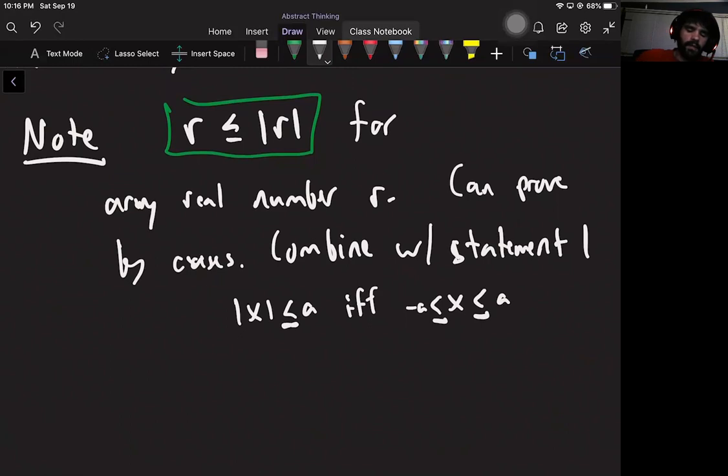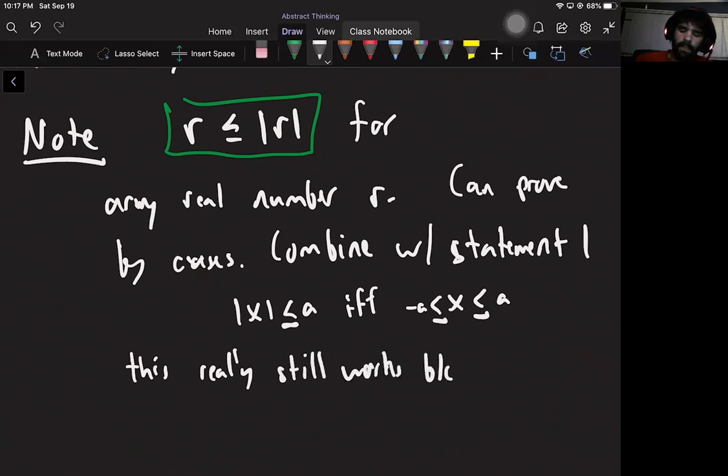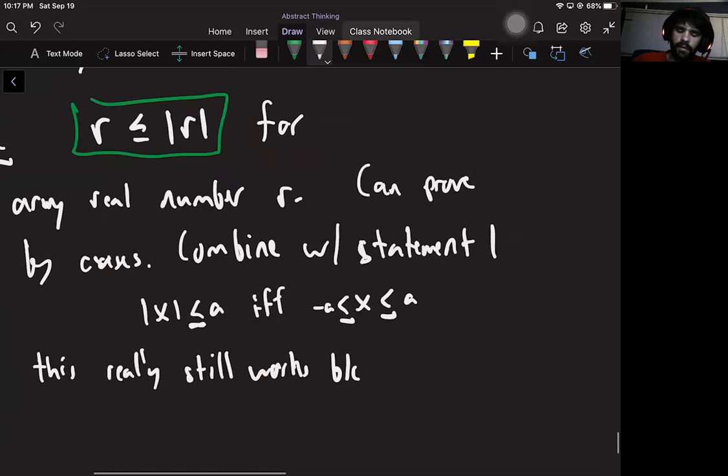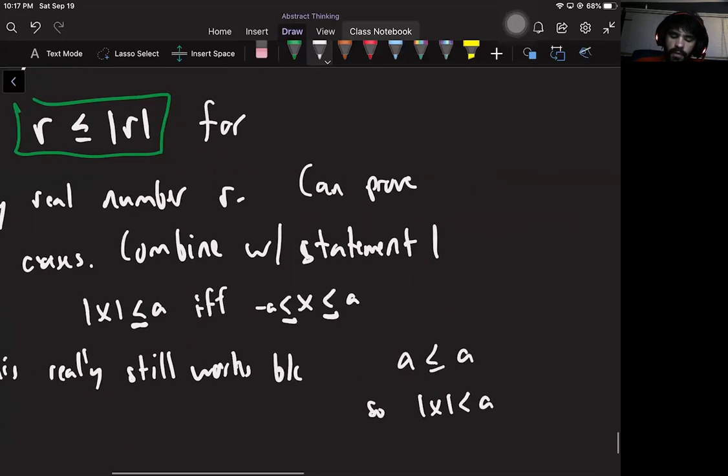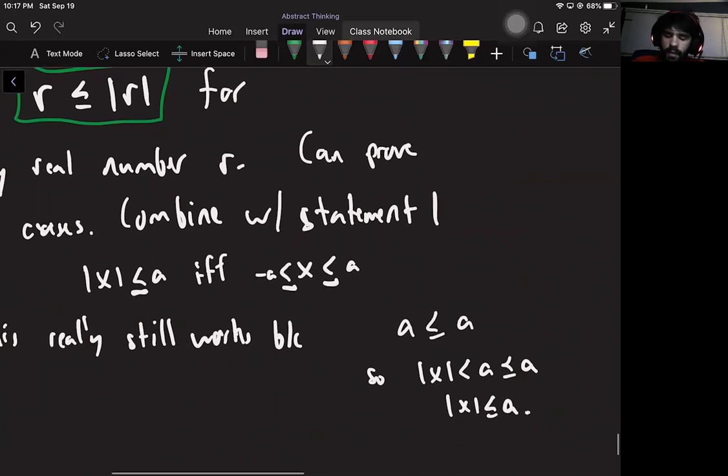But the quick way is that it really still works because a number is always less than or equal to itself. So if I was using this in the proof, I could just sneakily say, well, a is less than or equal to a. So then I could just be talking about this the whole time instead, and it'll all work the same.